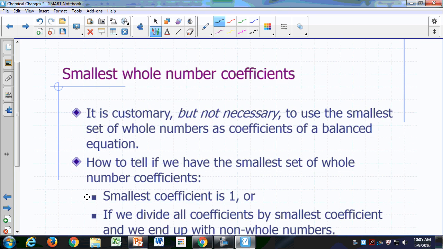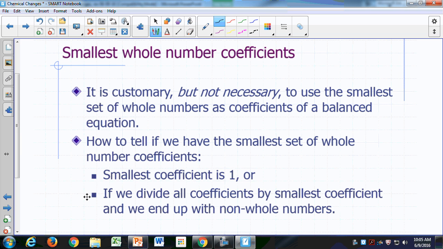Although it is customary when balancing equations to use the smallest possible set of whole numbers. It's not necessary, it's not wrong to use other coefficients that are not the smallest possible coefficients. Okay, so how can we tell if we have the smallest set of whole number coefficients?